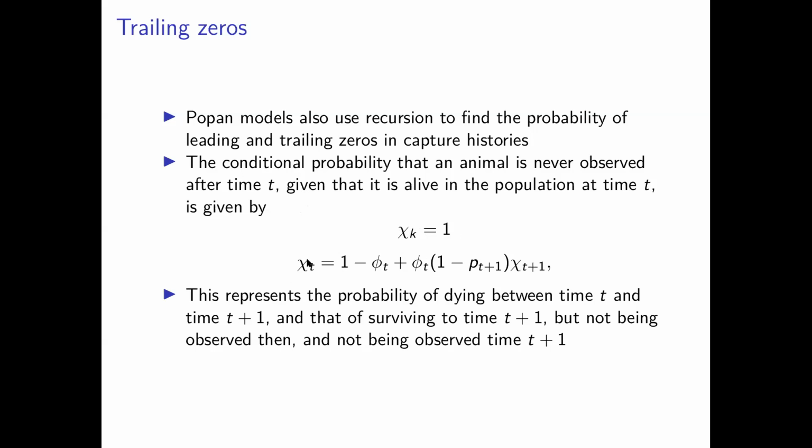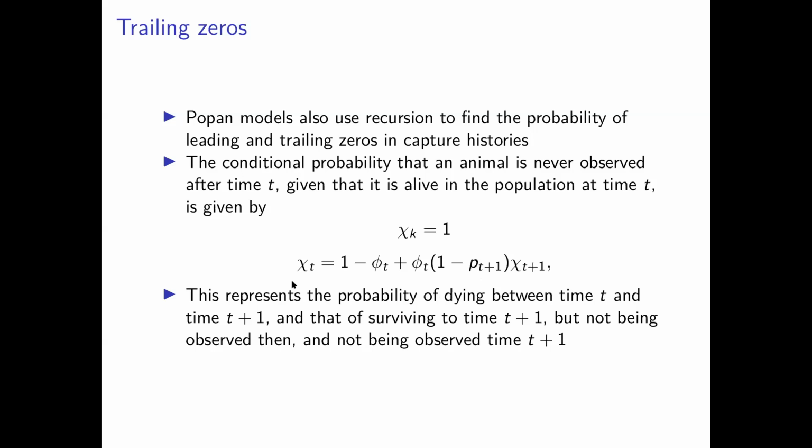And then for any time t, given that the animal's alive at time t in the population, the probability of not seeing it again is 1 minus the survival probability for that time t, which means that the animal has died after time t, before time t plus 1, plus the probability that the animal survives to the next time, but is not observed then, and is never seen after that time, given that it is actually alive in the population at that time.